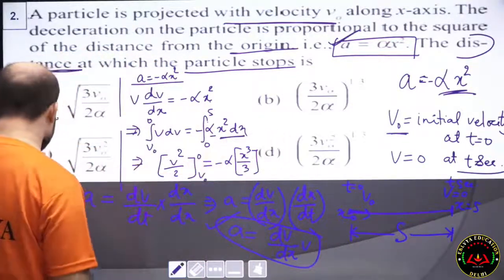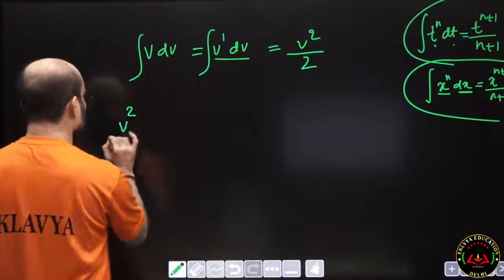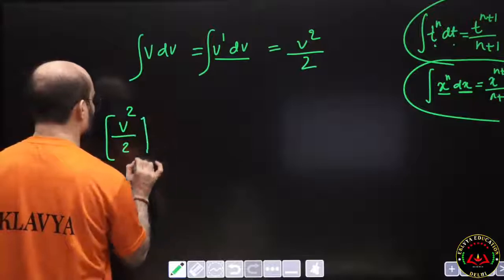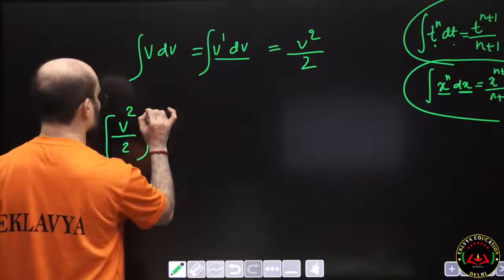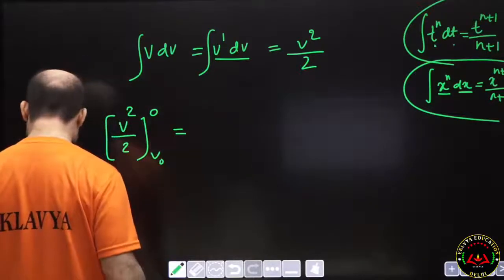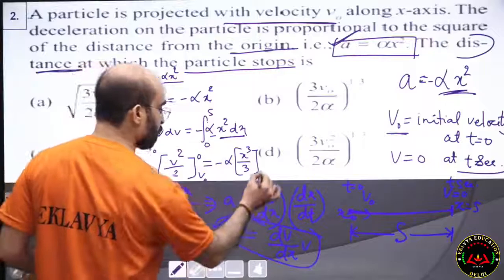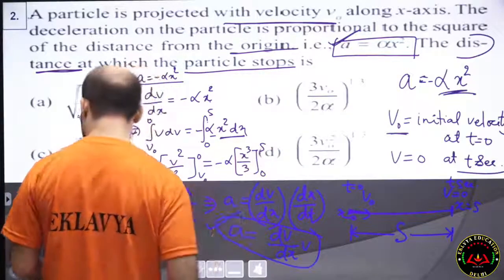Now let us move further. We have v square by 2, and the limits are from v0 to 0. And on the right hand side, what we had was minus alpha into x cube, and the limits were 0 to s.